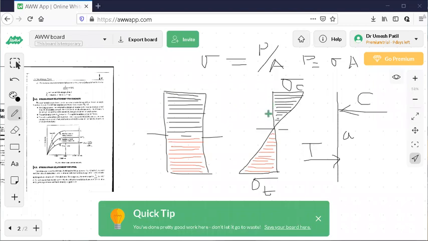So the beam is producing the stresses. The stresses can be summed up like this, capital C and capital T. So ultimately a couple is formed by the beam. This couple will counterbalance the bending moment. This is how a moment has to be balanced by a moment only. So moment of resistance is one type of moment only.